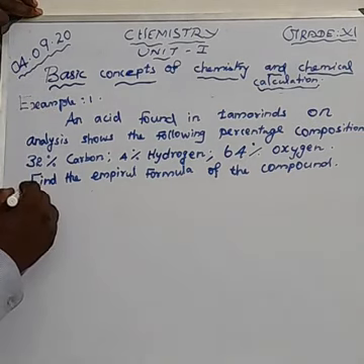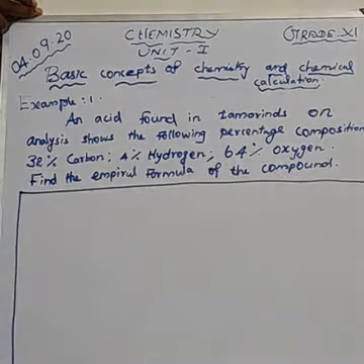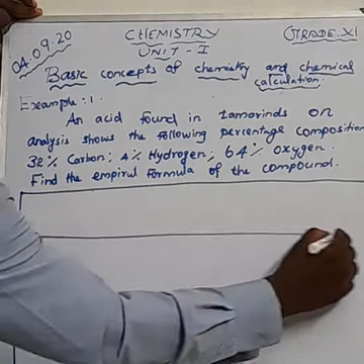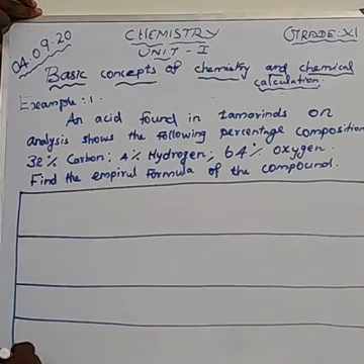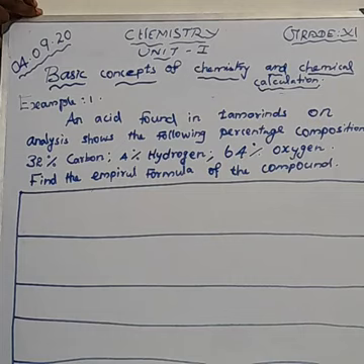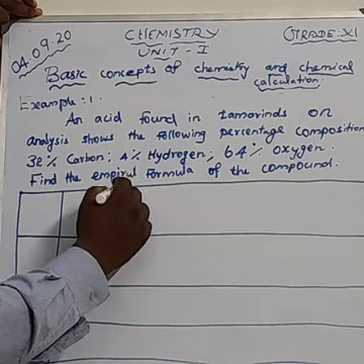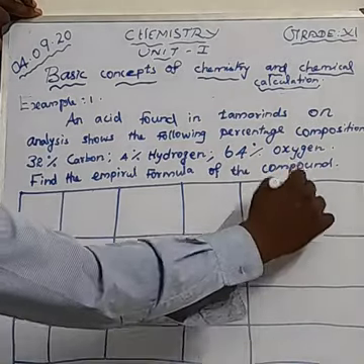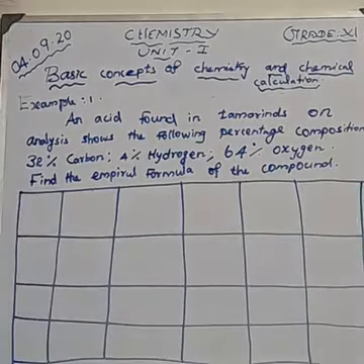First of all, you should make one tabular column. Here you are taking 4 columns and 6 rows. Clear?